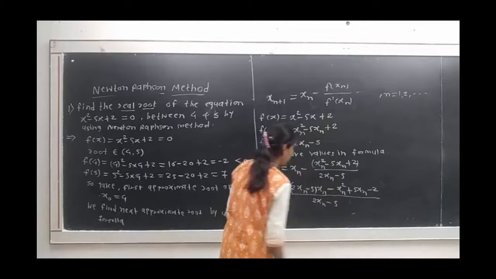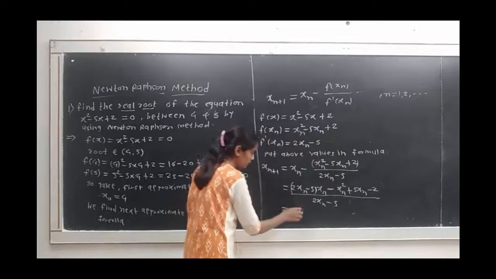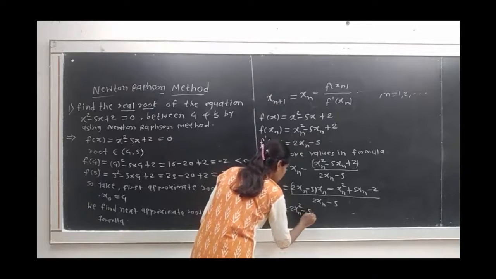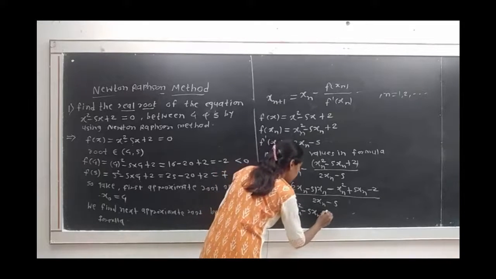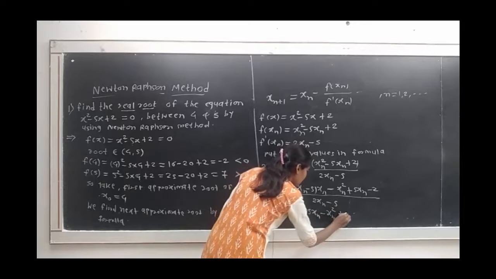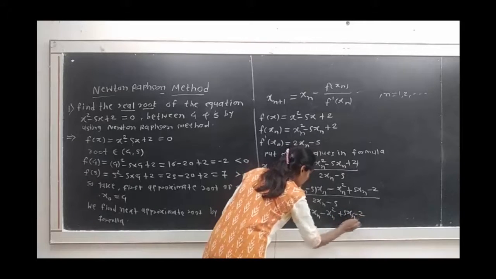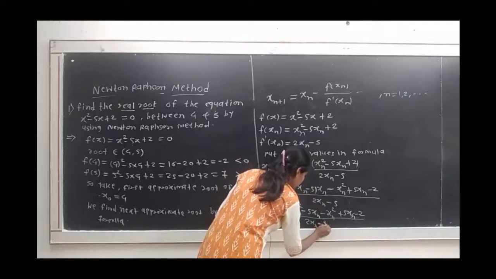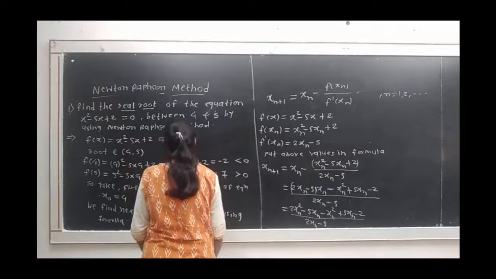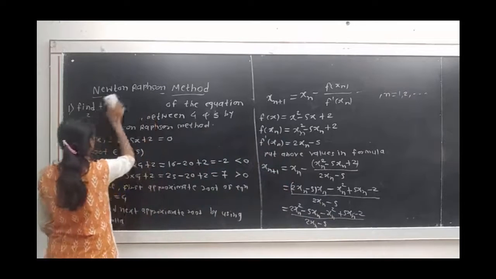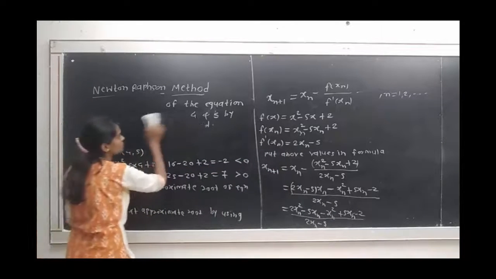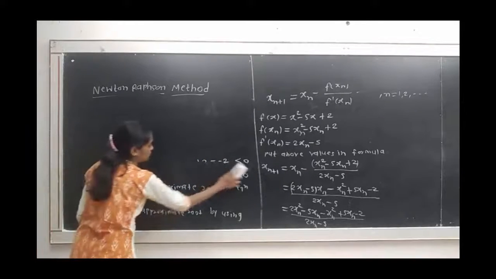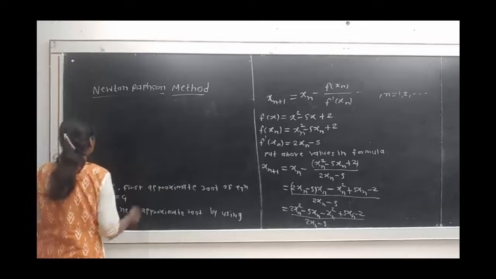Again we simplify this. We get 2xn square minus 5xn minus xn square plus 5xn minus 2 divided by 2xn minus 5. Then we simplify this equation again.